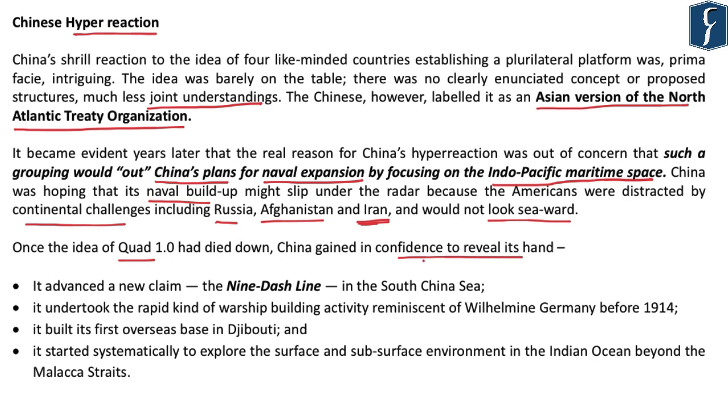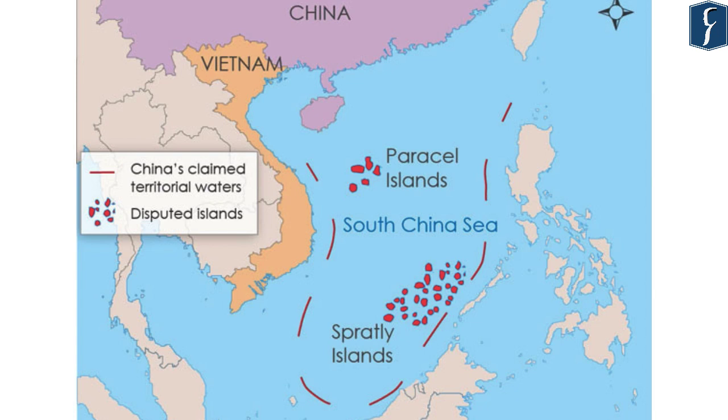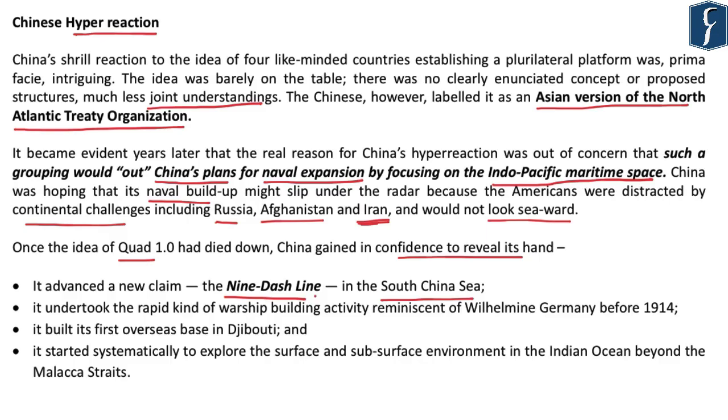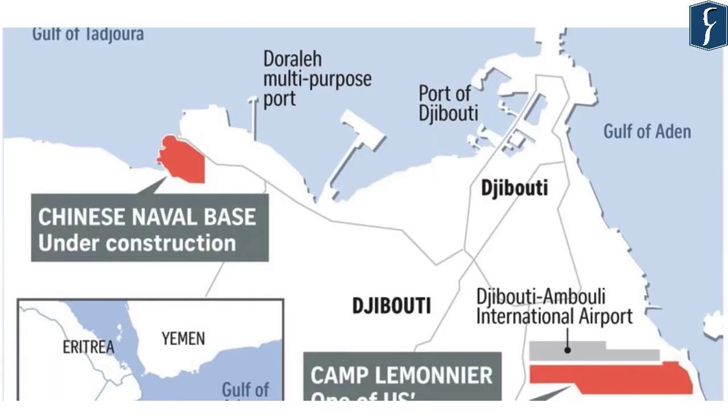The first expansive maritime stance taken by China was the proclamation of the 9-dash line in the South China Sea, claiming that all the islands under the 9-dash line belong to China. It undertook rapid warship building activity, the kind that was shown by Germany before 1914. China built its first overseas base in Djibouti.